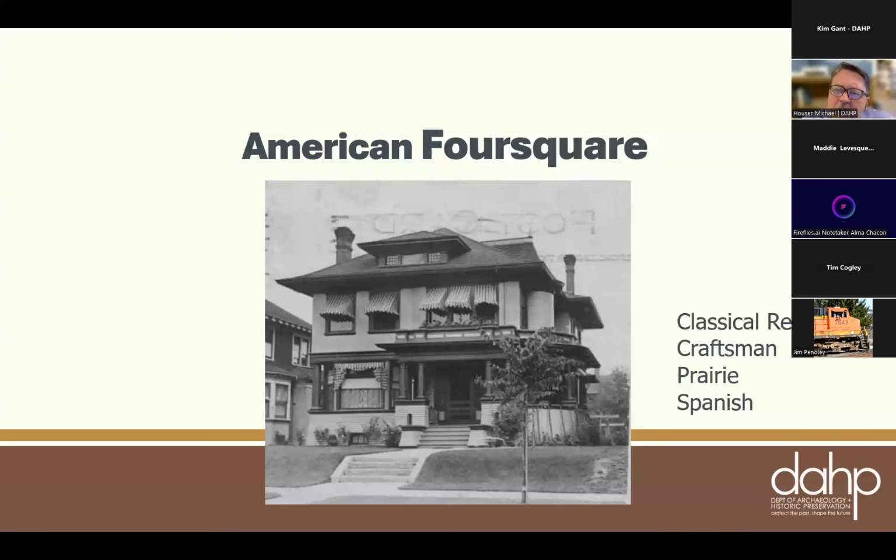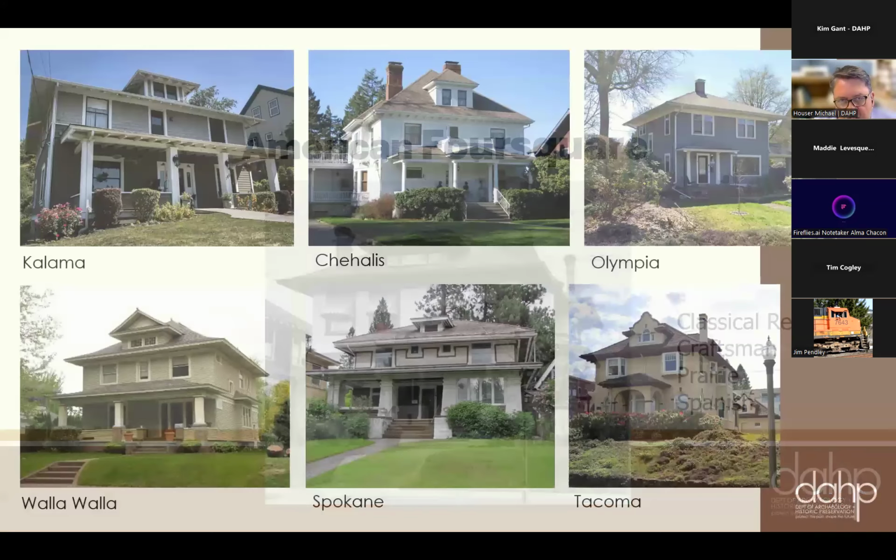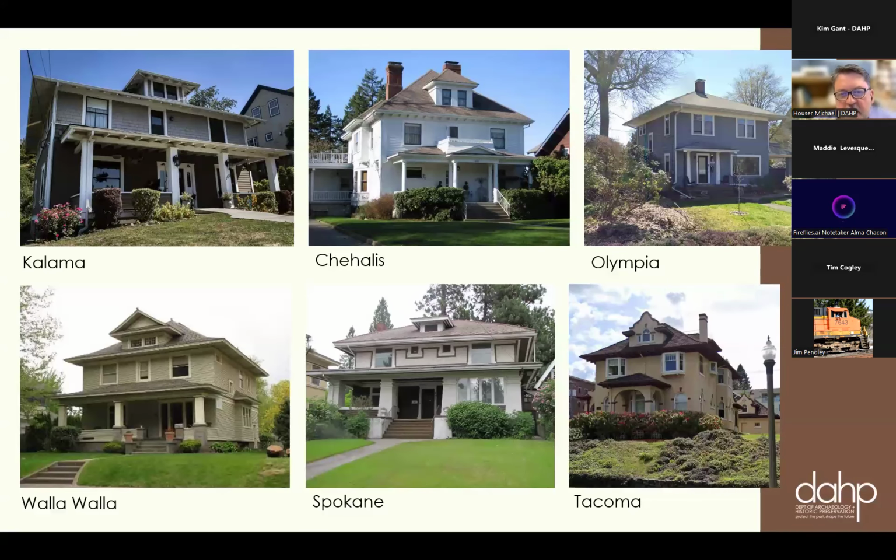What about the American Foursquare? Sort of the big box house, right? This is one of those forms that various styles can be applied to: classical revival, craftsman style, prairie style, Spanish style. They are really all over the place in terms of the style applied to them, but they all have the same basic form, a big box.